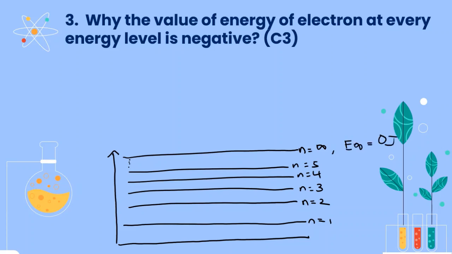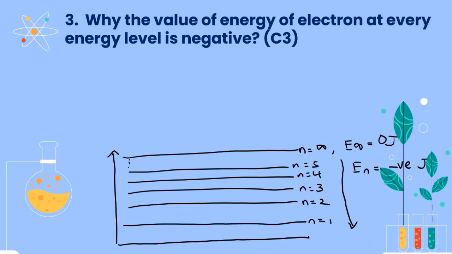That means the value of energy at a lower energy level compared to infinity will be En equals a negative value of energy. This is because as the electron moves closer to the nucleus, the attraction between the nucleus and the electron causes the value of energy to be negative.